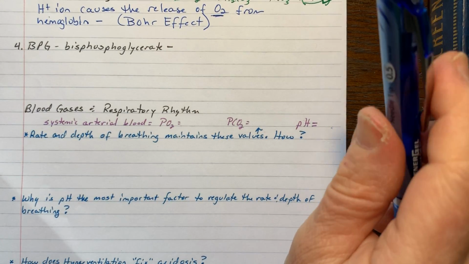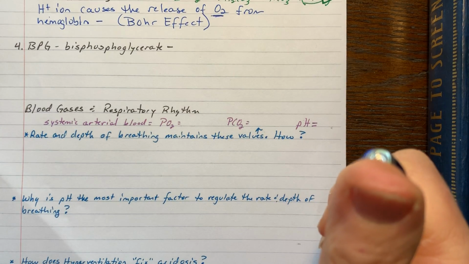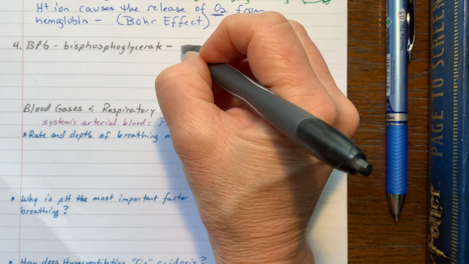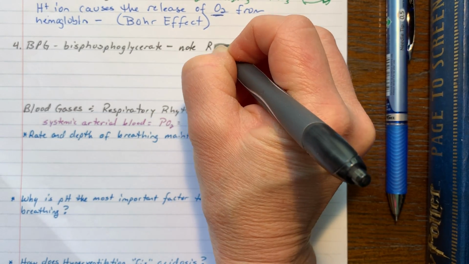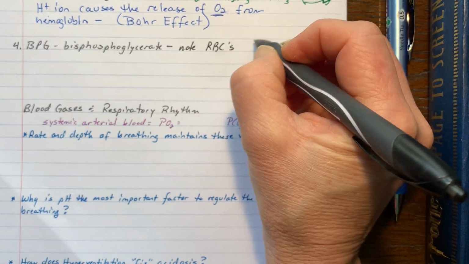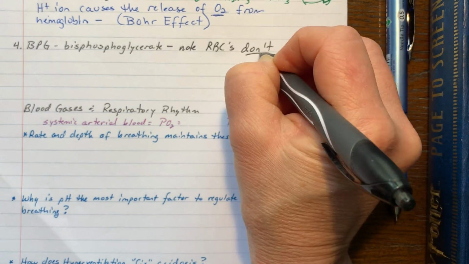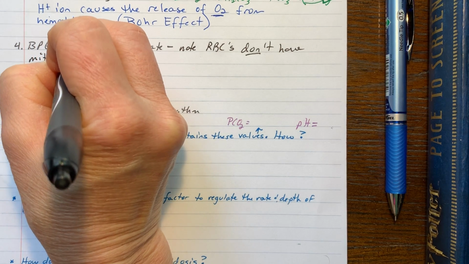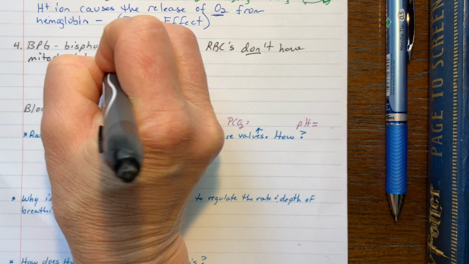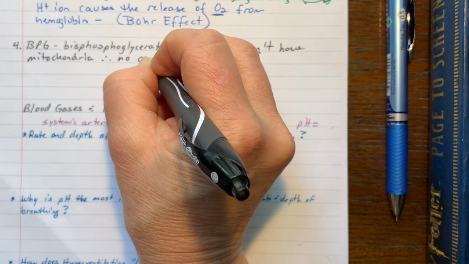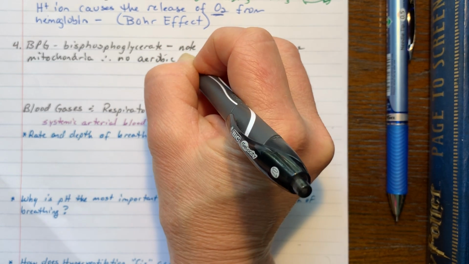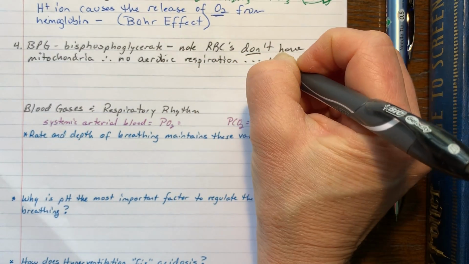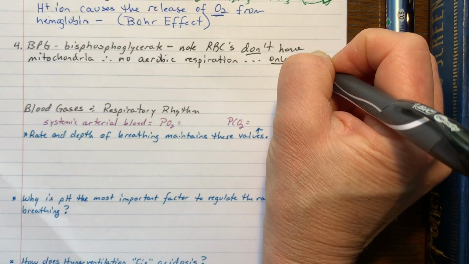What do I want you to know about this? Keep in mind, red blood cells don't have mitochondria, therefore no aerobic respiration, only anaerobic.